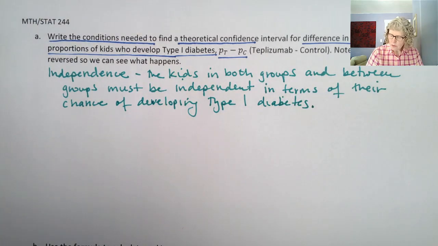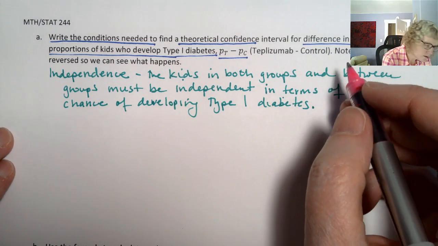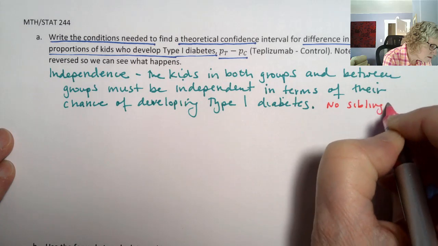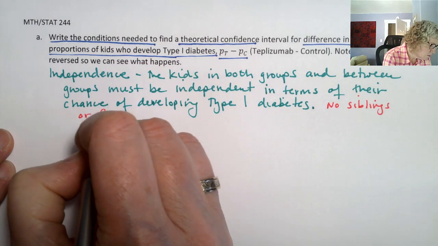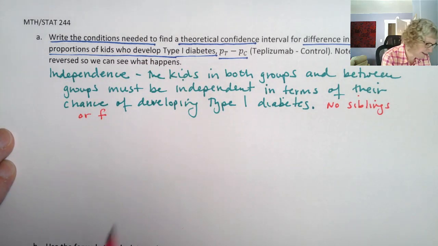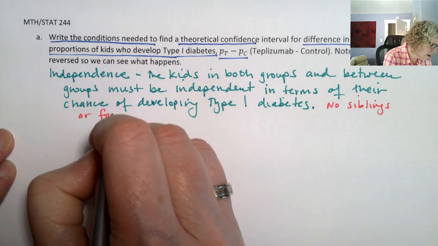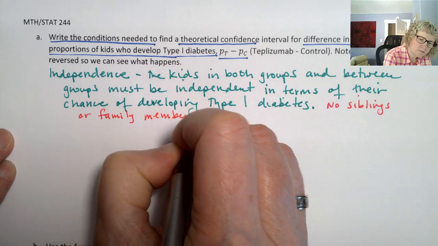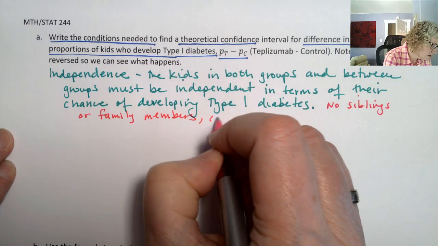Let's think about what we would want to consider. Genetics is probably a big factor in this, so we wouldn't want siblings or relatives. We would want to consider family history, other things like that. So let's make a note of that. No siblings, we definitely would not want identical twins. No siblings or family members.